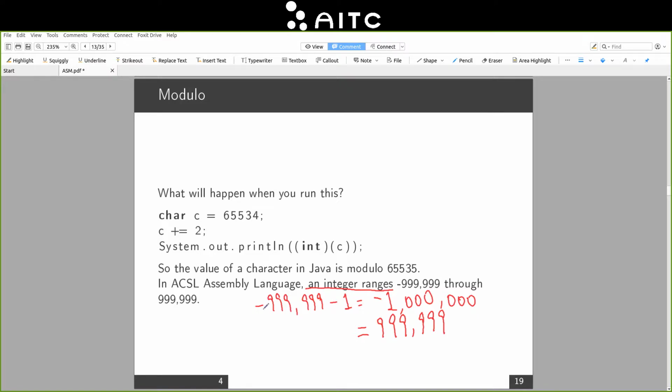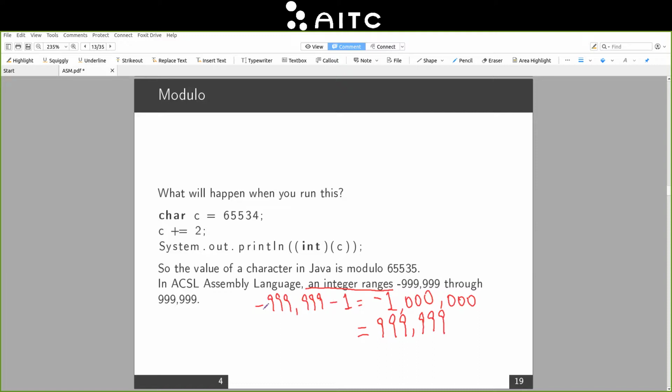Then there's another question about ACSL. In my perspective, ACSL is just an exam. It isn't an environment like Java or C++. How can it define the range of the character? There's no range of the character.